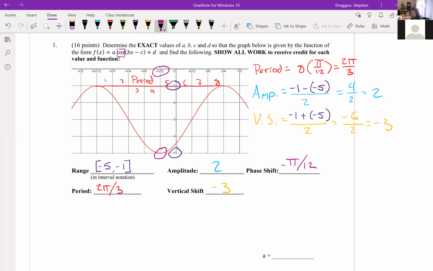So those equations for amplitude and vertical shift are listed on worksheet 7. Oh. Yeah, it's on worksheet 7. Had to stop and think there for a minute, but that's where it is.